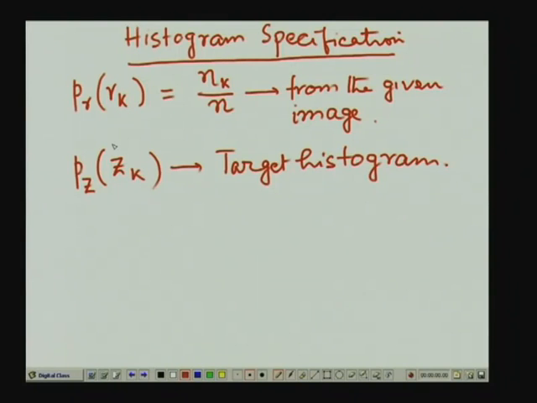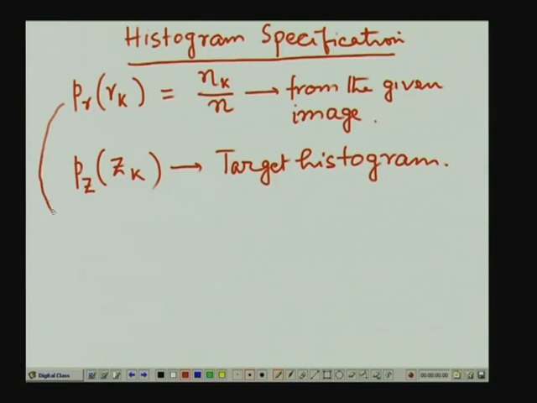And we use the subscripts r and z in p_r(r_k) and p_z(z_k) to indicate that these two probability density functions p_r and p_z are different. So, in histogram specification, the process is done in this manner.